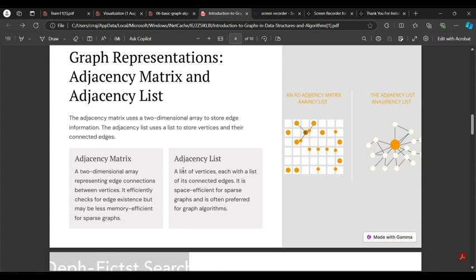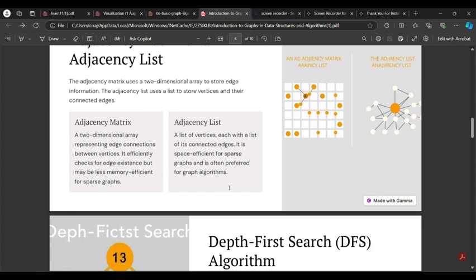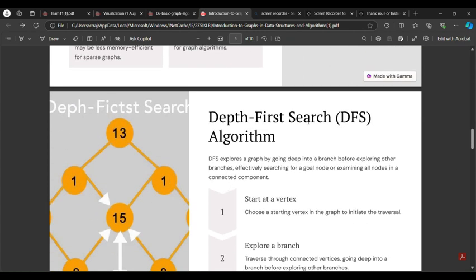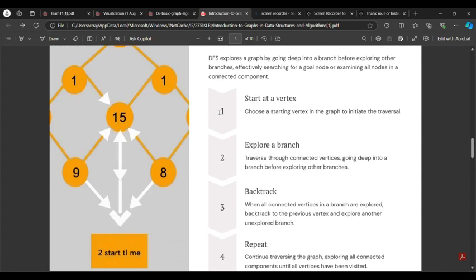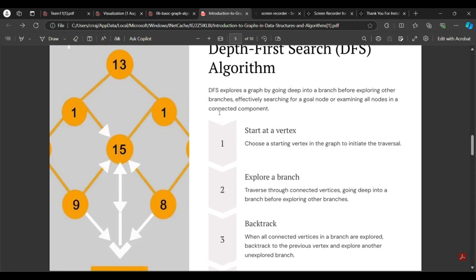DFS means depth-first search algorithm. DFS explores the graph by going deep into a branch before exploring other branches. Its efficiency is in searching for the goal node and examining all nodes in the connected component.